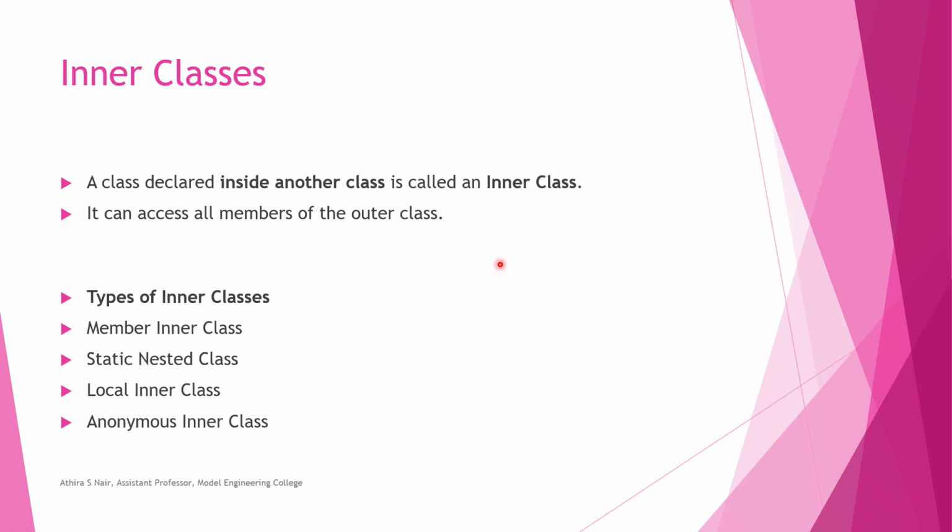Inner classes are useful when a class is closely associated with another class, and it can improve organization and encapsulation. An inner class can also access members of its enclosing class. There are four commonly discussed types: member inner class, static nested class, local inner class, and anonymous inner class.